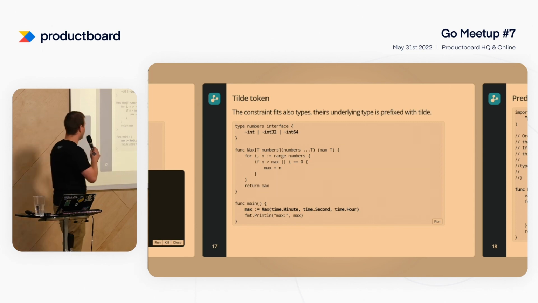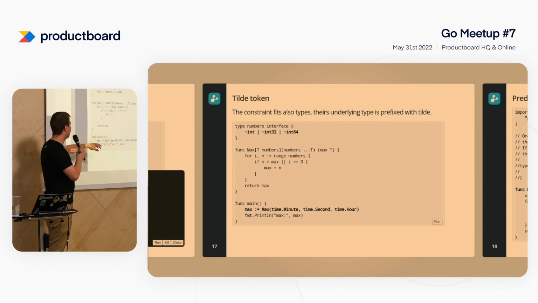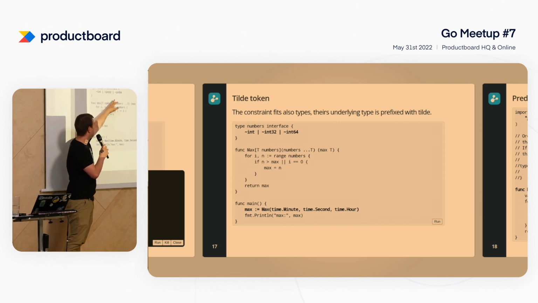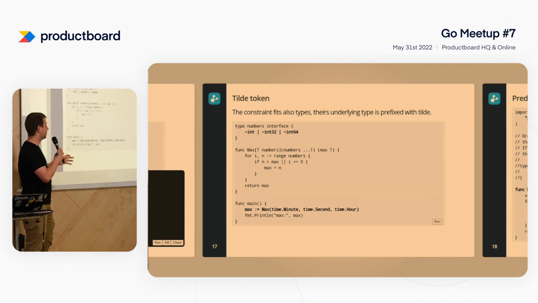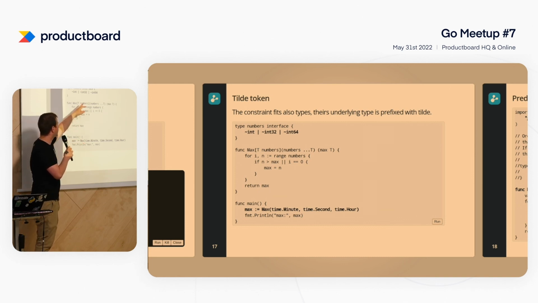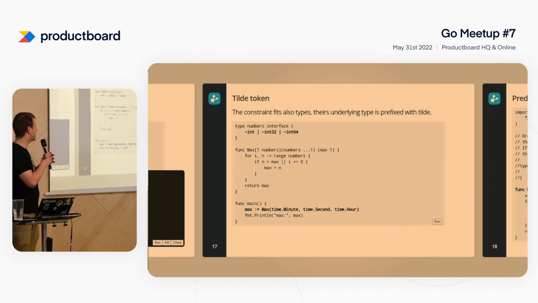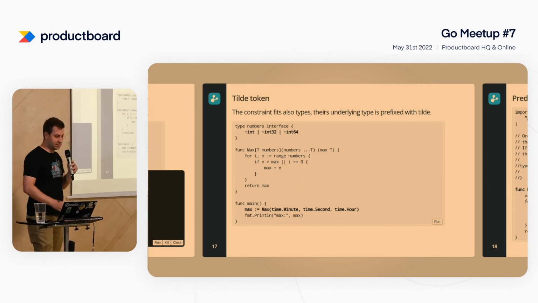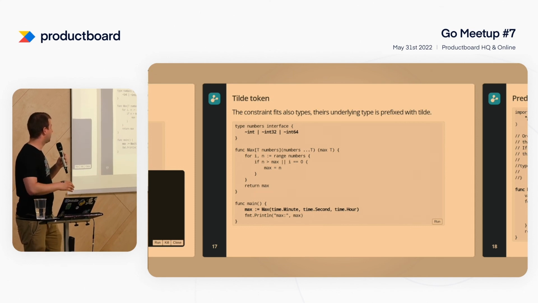So basically here we use time.Minute, which is a constant, and its type is time.Duration, and Duration is in effect int64, but time.Duration is a type on its own. So without the tilde, we couldn't use it. But the tilde says everything whose underlying type is int64 is allowed. So it works the same, but we can use the max function with more types.